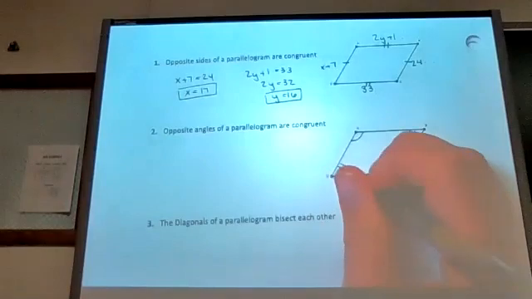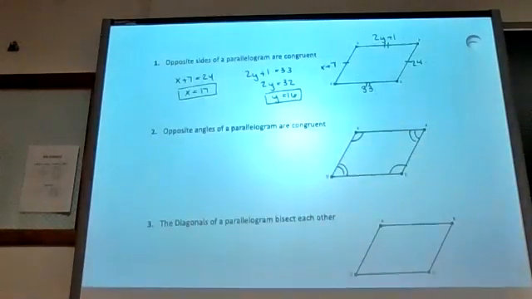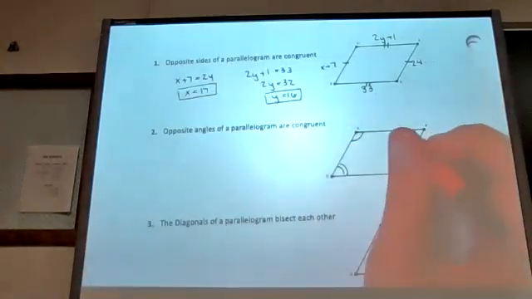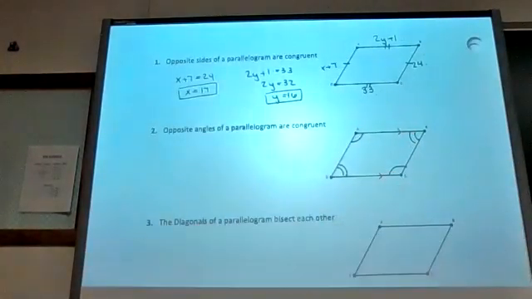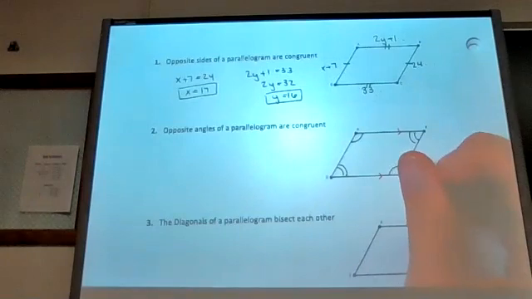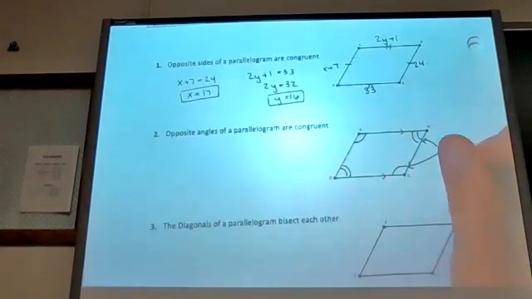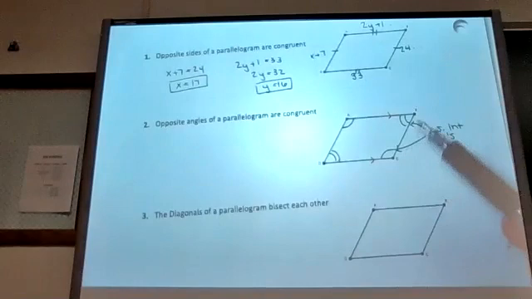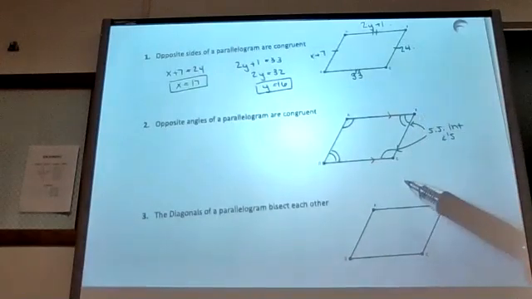D. Okay, the other thing that we are going to learn here is that because these are parallel lines, these angles are same side interior angles. What did we learn in the parallel line unit that is true about same side interior angles?